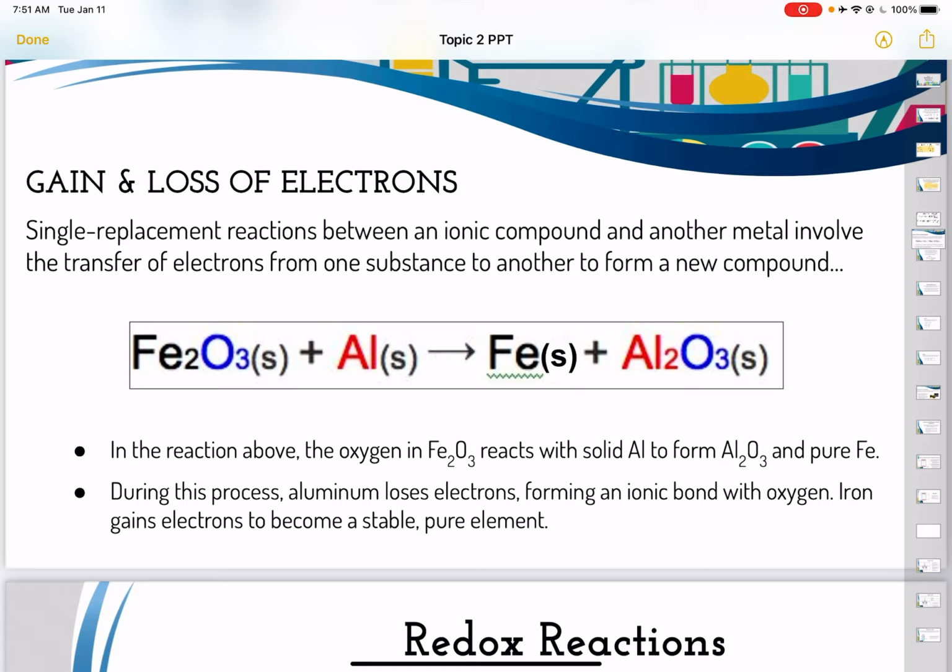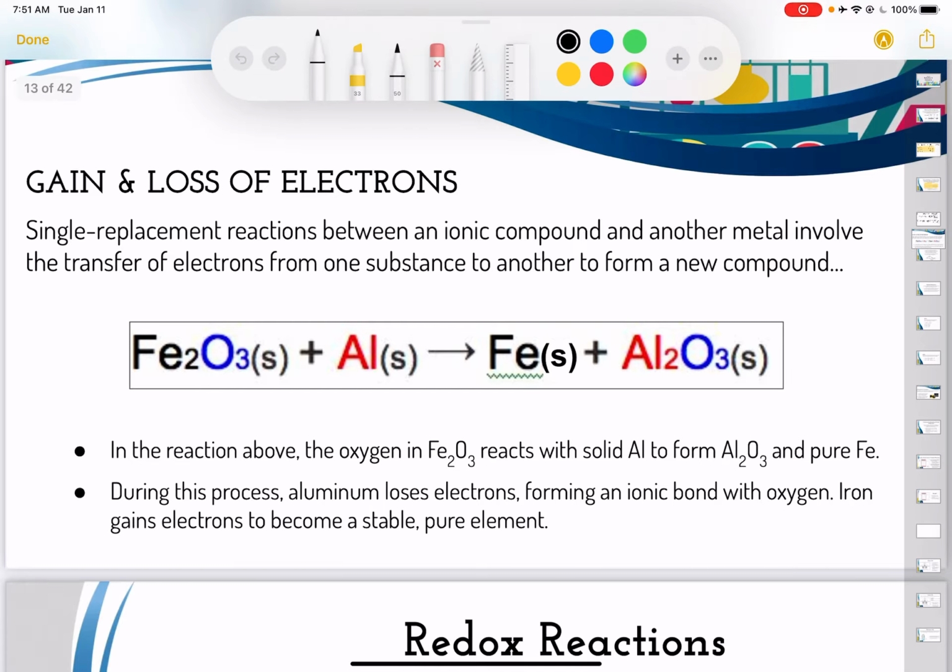So when we're looking at if things gain or lose electrons, we need to look at the charges of these things. So we need to look at the specific metals, because we know that metals are the ones that have charges. Non-metals, okay, they have charges too, but we need to look at each individual, normally metal.